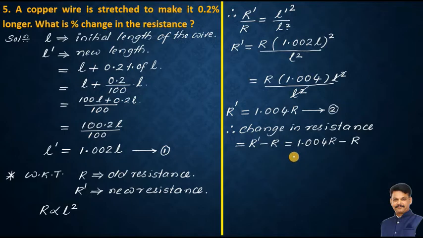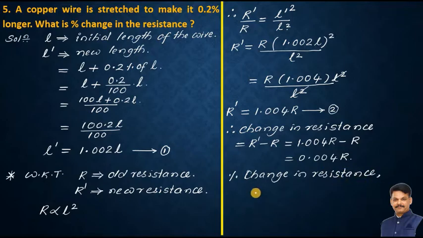So how much will be the change in resistance? It is 0.004 R. Now what is the percentage change in resistance? It is given by one simple formula, that is 0.004 into R divided by R into 100.